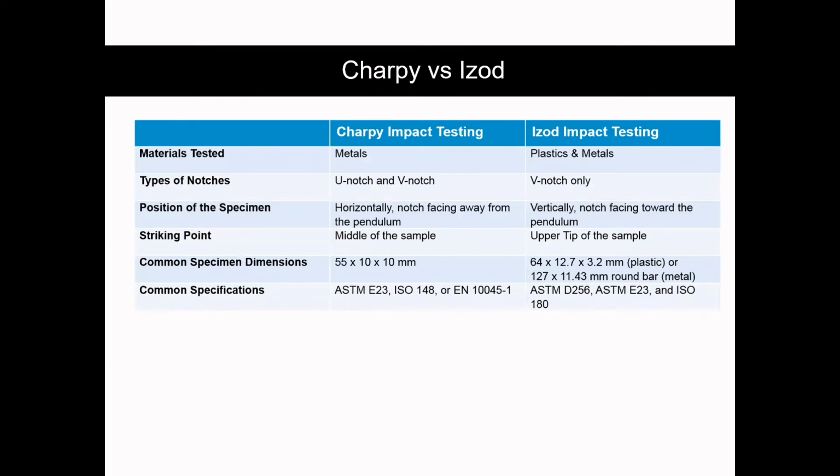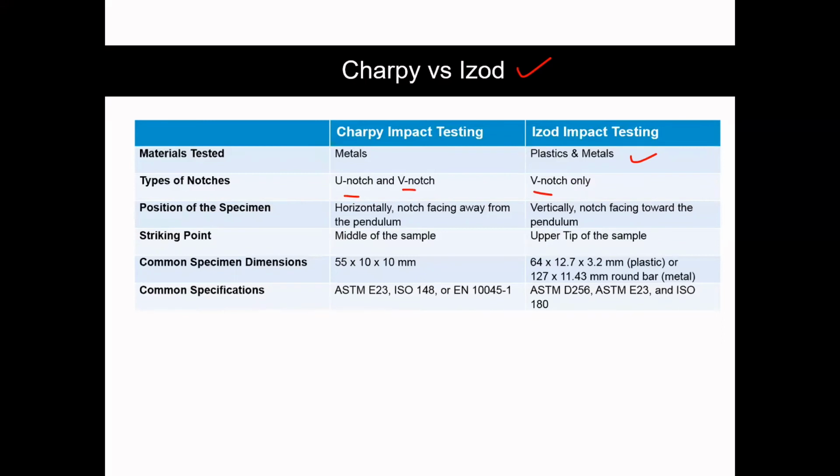And here we have some characteristics of Charpy impact testing versus Izod impact testing. In terms of the material tested, Charpy impact testing, like what I have mentioned before, mainly caters for metal specimens. Izod impact testing, we can apply it for plastics and metals. The types of notches for Charpy impact testing can be a U notch or V notch, and for Izod impact testing, we can use a V notch only.